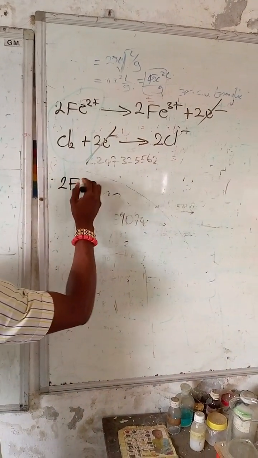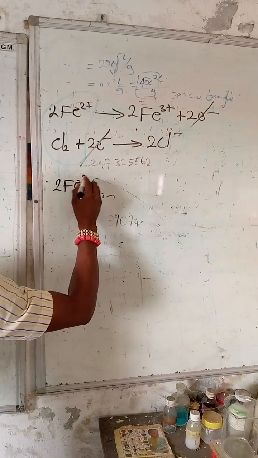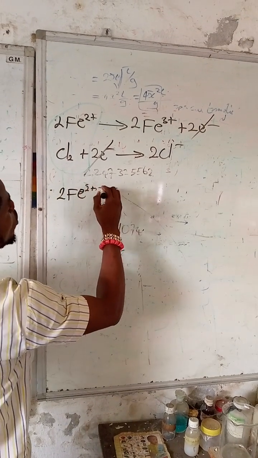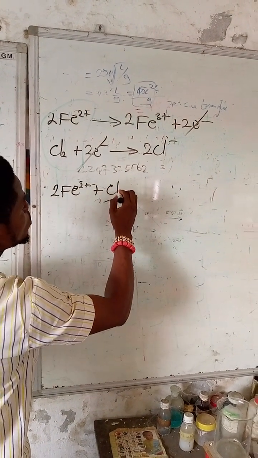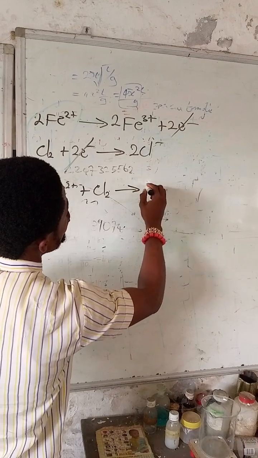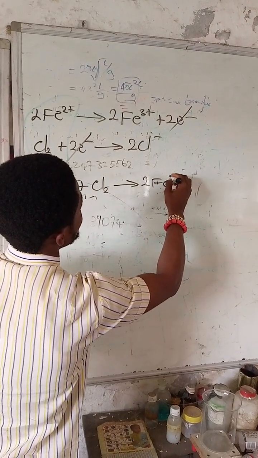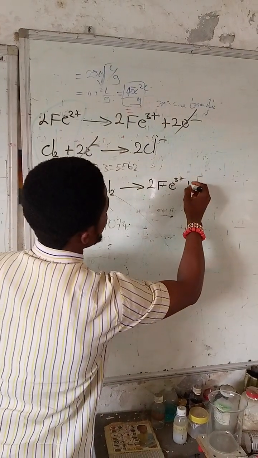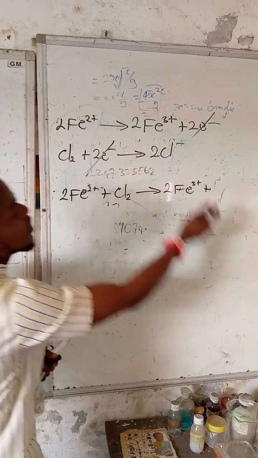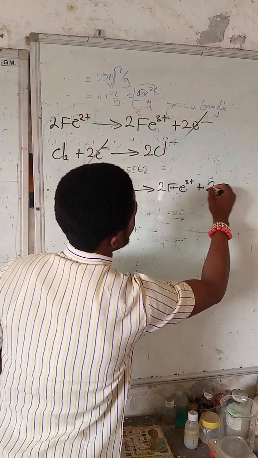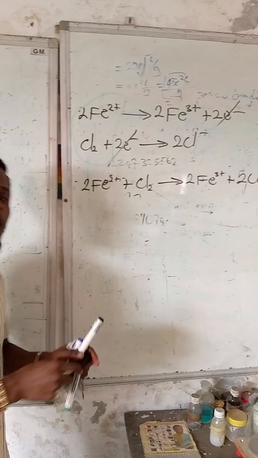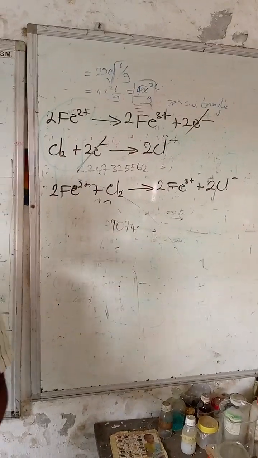2 moles of iron 2 ion plus a chlorine molecule. This will now give us 2 moles of iron 3 ion plus 2 moles of chloride ion. Now, how do you check that the redox reaction is balanced? By checking the charges.